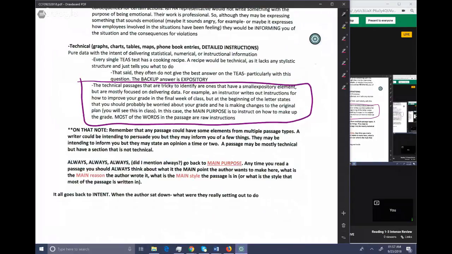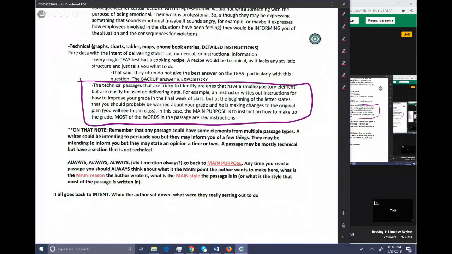It starts out and says, by now you've all seen your grade, or if you haven't, you should be worried. And it says something like, sometimes plans have to change, so here's some options for fixing your grade. And it's got option 1, option 2, option 3. I always get asked, why is that technical?